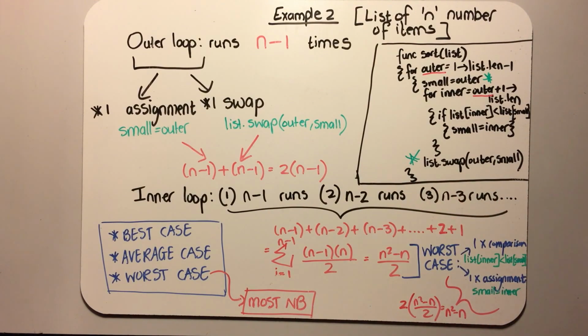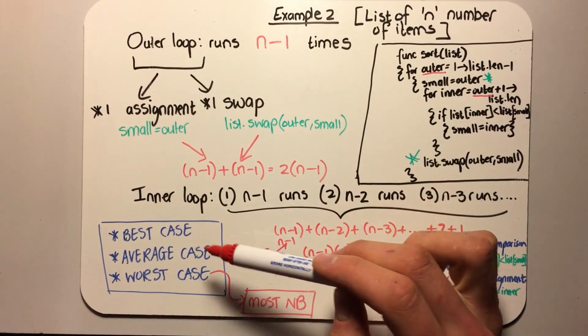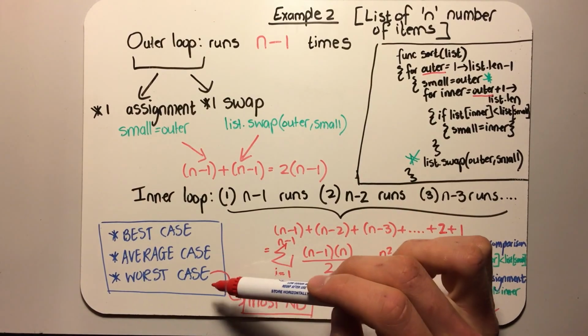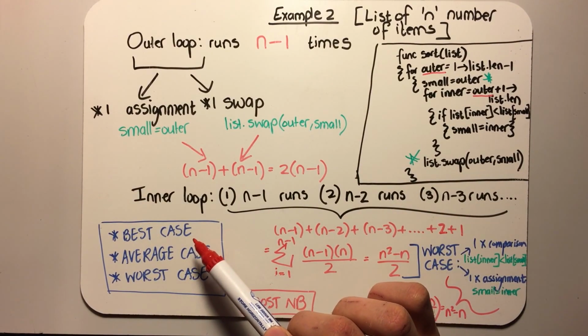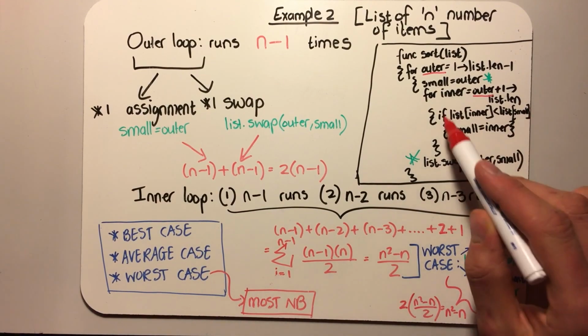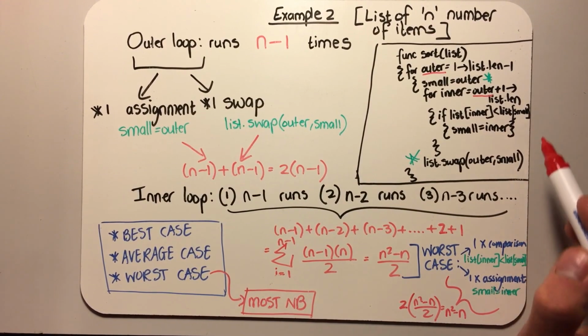So what can we say about this? Well, we can look at some theory on the side. We have what we call a best case scenario, an average case scenario, and a worst case scenario. A best case scenario would be, for example, in this inner comparison, we have if list inner is less than list small.